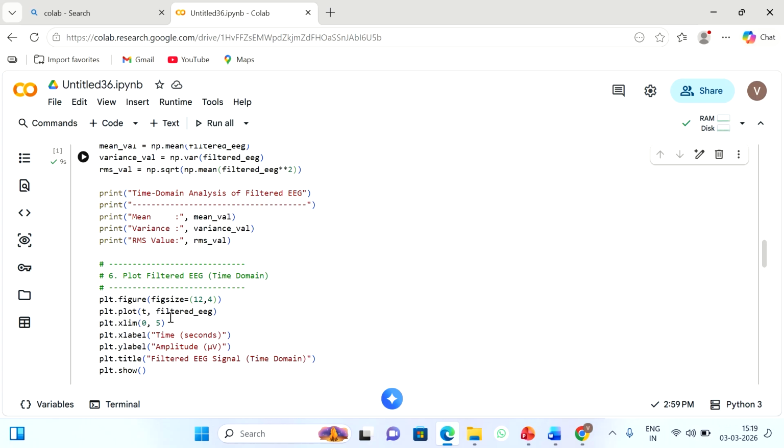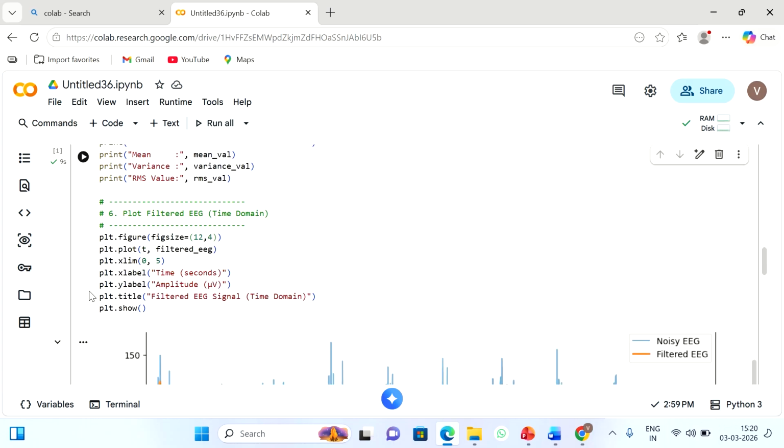It is already stated that the x-axis is limited from 0 to 5. And plt.xlabel is the same: time in seconds for the x-axis. The y label is amplitude in microvolt. And the title for this graph is filtered EEG signal, time domain analysis of filtered EEG. Next one, plt.show, so the plot is visible.